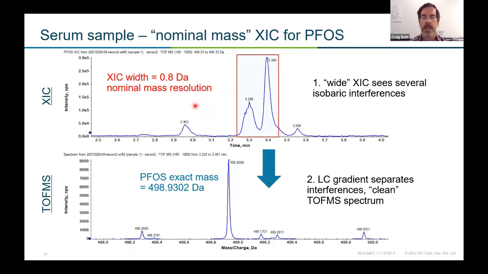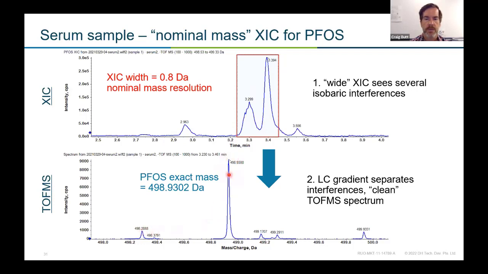And what's interesting is that we see the characteristic branched isomer and linear isomer peaks for PFOS. But what we also see is that there are other interferences in the chromatogram, these other peaks here. And so in fact, when we look at the masses of compounds that are under these PFOS peaks, right, we can see that there are some other masses here.